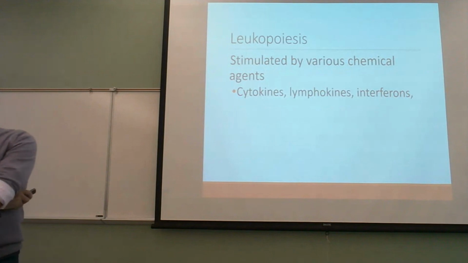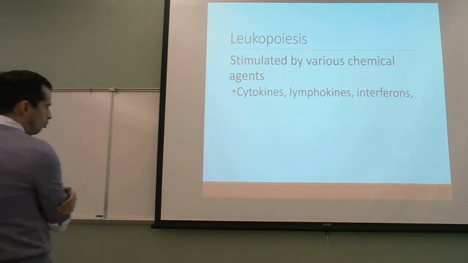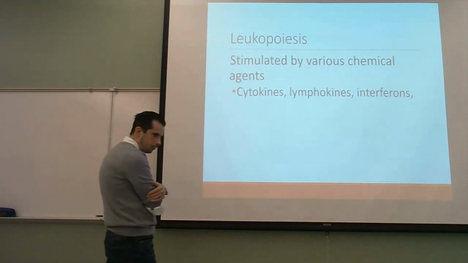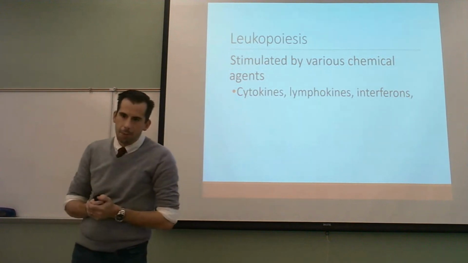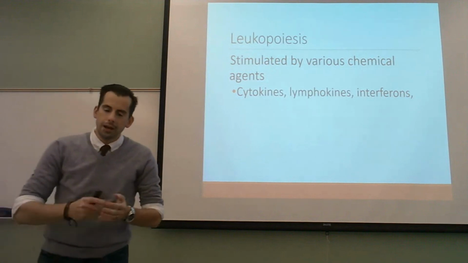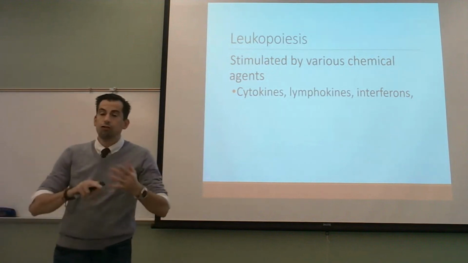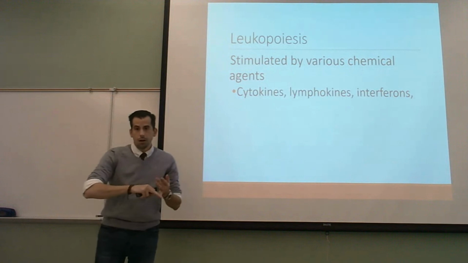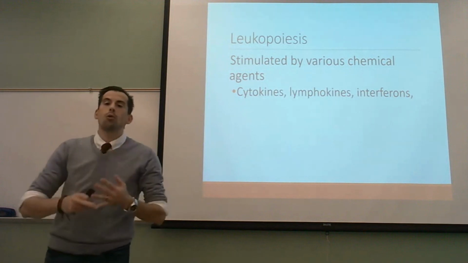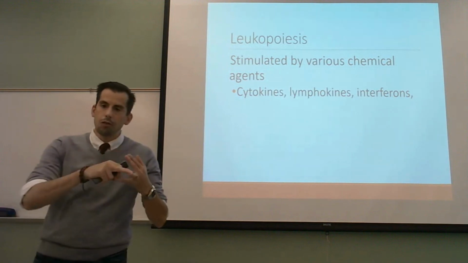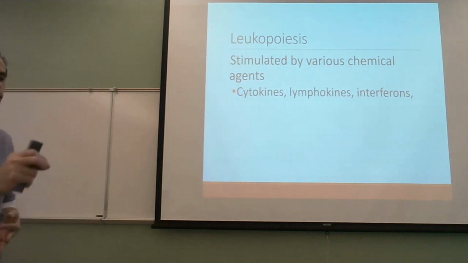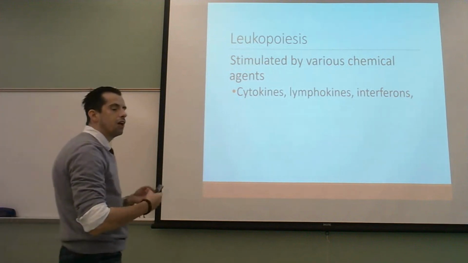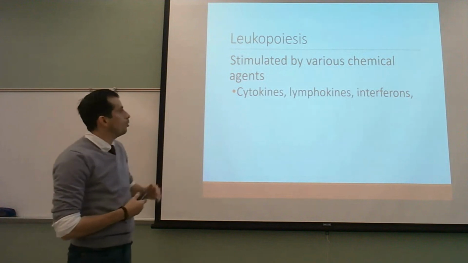We will definitely get into these chemical messengers that drive leukopoiesis more so when we get to immunity. But I want you to just get a general picture of what's going to happen here. If you get tissue damage, if you get the inflammatory changes that are going to take place with various infections, the tissues local to that site are going to send out chemical messengers.